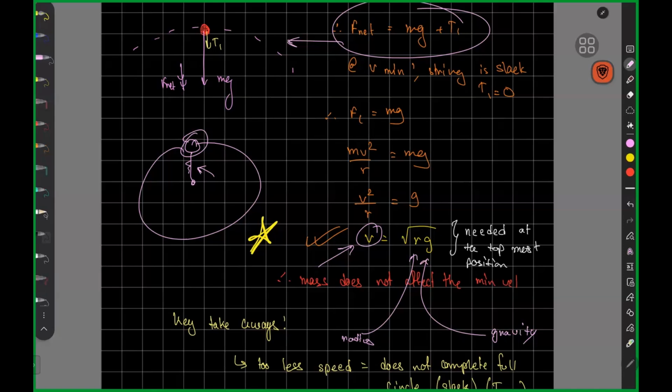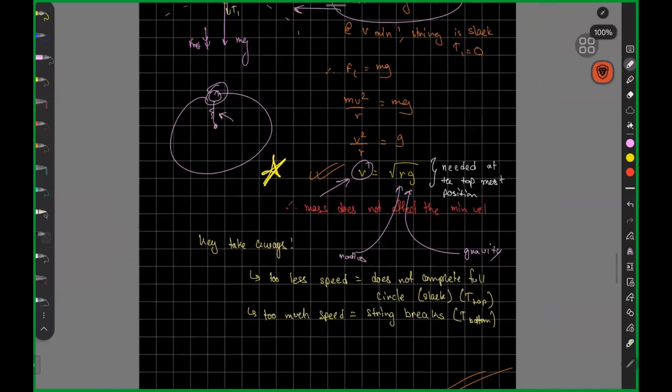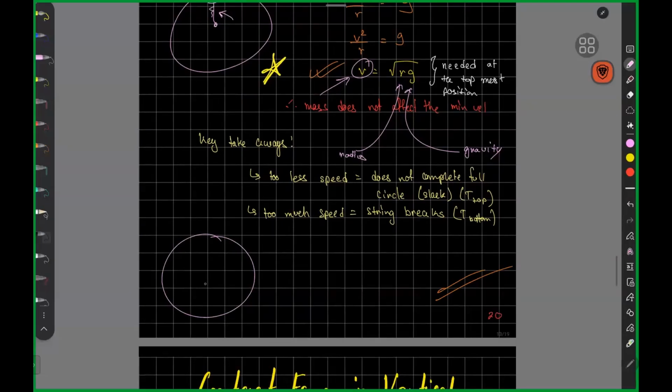Okay. So what are the key takeaways over here? When you have too little speed, my object will not complete the entire circle. Let's say it's going around like this, it will start off over here, go around, and just fall down.